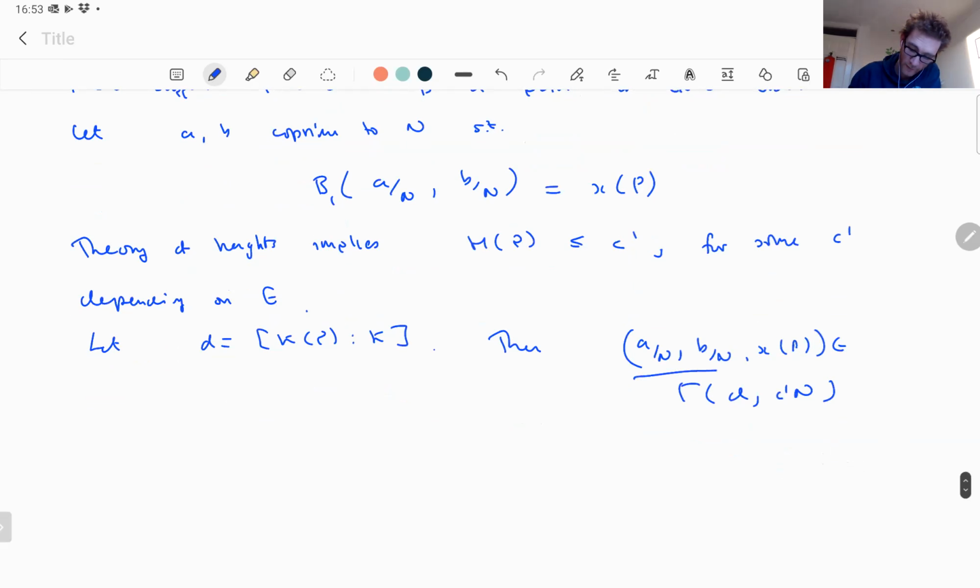This point is a point of height at most c prime n, because you've got some n's here and a c prime coming from this. These are rational, and this has degree at most d. So you get a point like that.